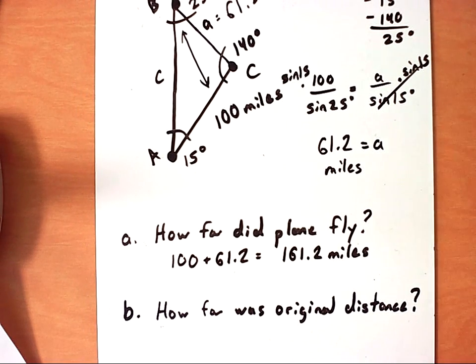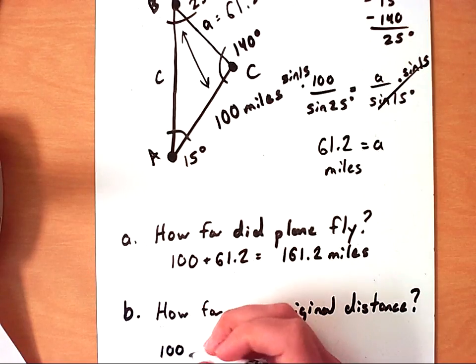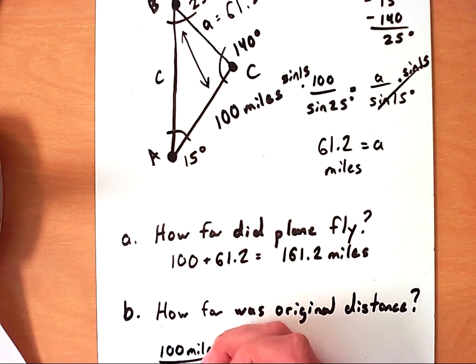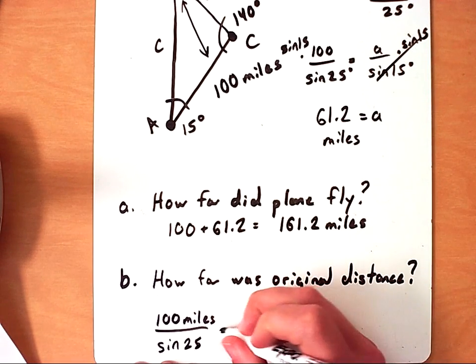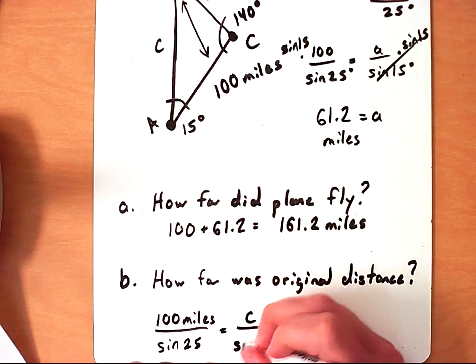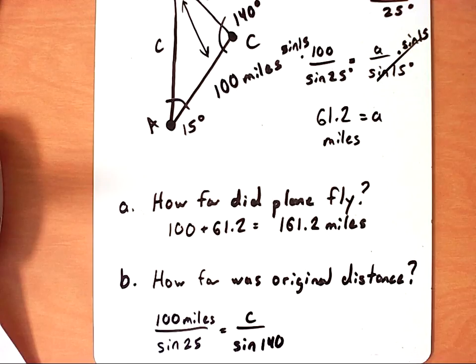All right, we can solve this problem much in the same way. So we can take our information that we had earlier. So we have the 100 miles over the sine of 25. All right, and we're going to take that and set that equal to c, which is what we're trying to figure out, over the sine of 140.